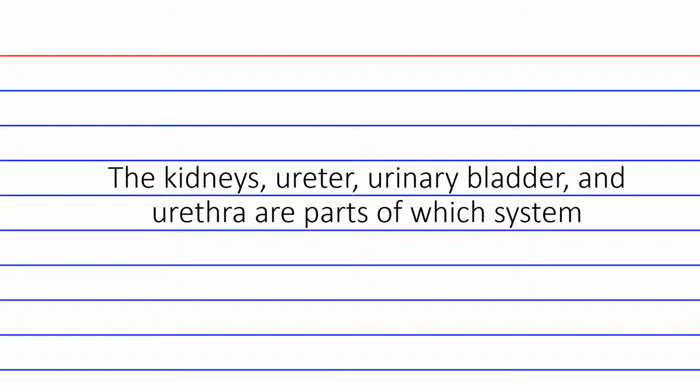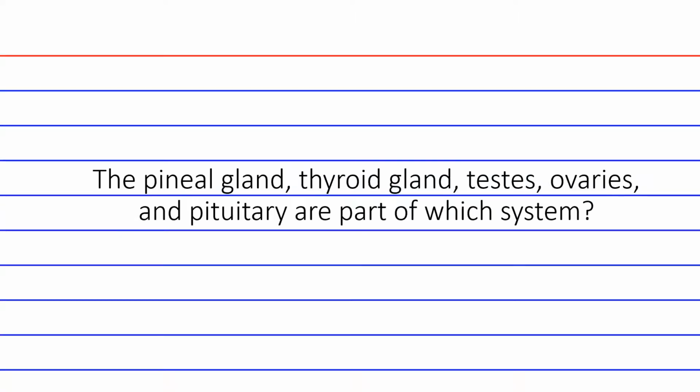The kidneys, ureter, urinary bladder, and urethra are parts of which system? The answer is the urinary system. The pineal gland, thyroid gland, testes, ovaries, and pituitary are parts of which system?